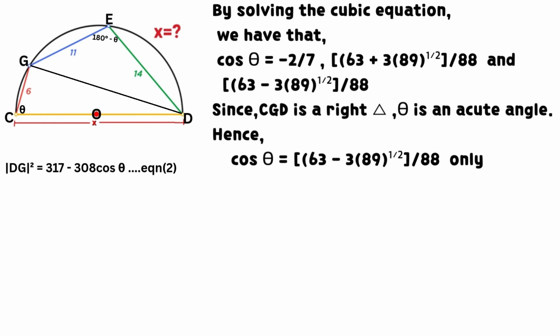Since CGD is a right triangle, theta is an acute angle. Hence, cosine theta equals 63 minus 3 times the square root of 89 all divided by 88. This is the only value that satisfies cosine theta with respect to its position in the given figure.